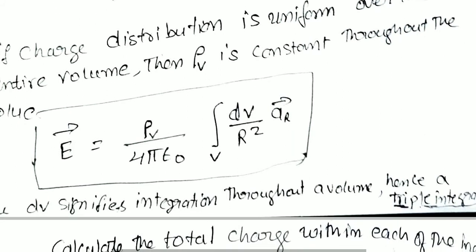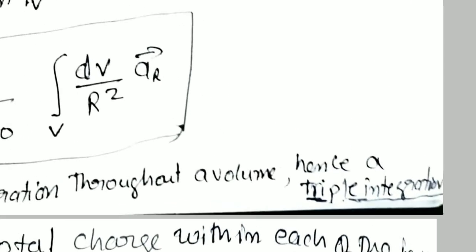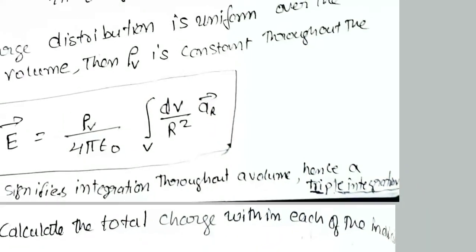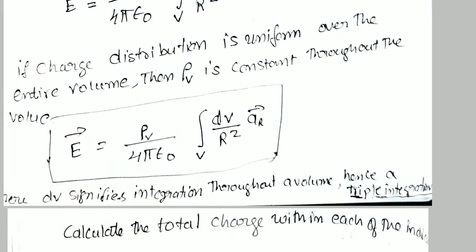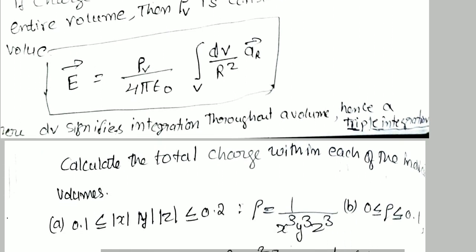This integration is for a volume, and you know that for a volume we have three coordinates x, y, z. So this integration is nothing but a triple integral. Triple integral means three integrations: one in the x direction, another in y, and another in the z direction.